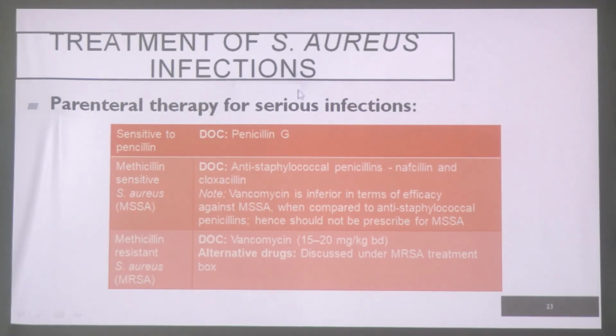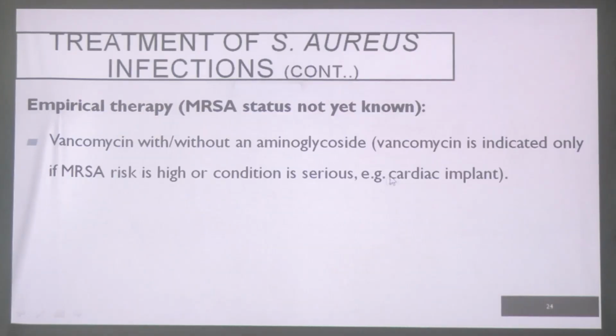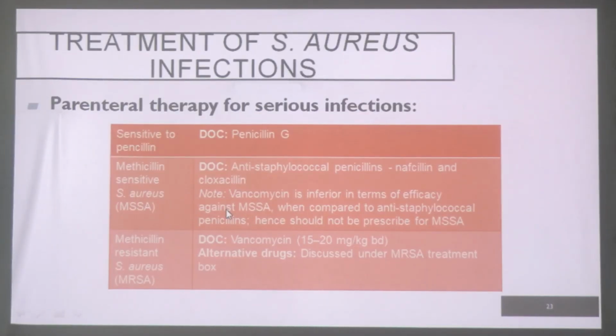Parenteral therapy for serious infections in case of Staphylococcus aureus. If it is methicillin sensitive, you give nafcillin or cloxacillin. If it is MRSA, if it is not sensitive to methicillin, you will give vancomycin. Should you be giving vancomycin to MSSA? Always remember, even if vancomycin you are using for MRSA, vancomycin should never be used in MSSA.